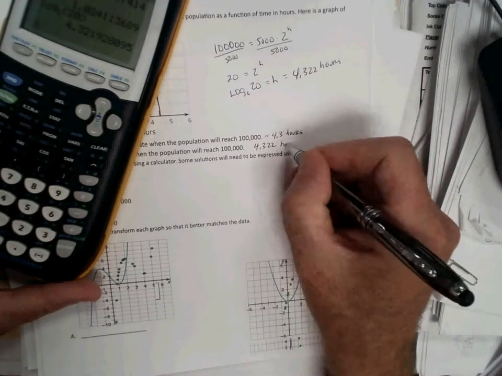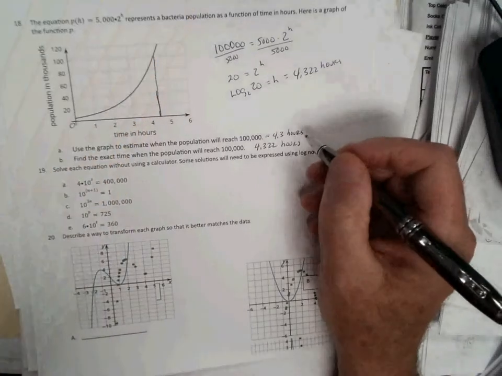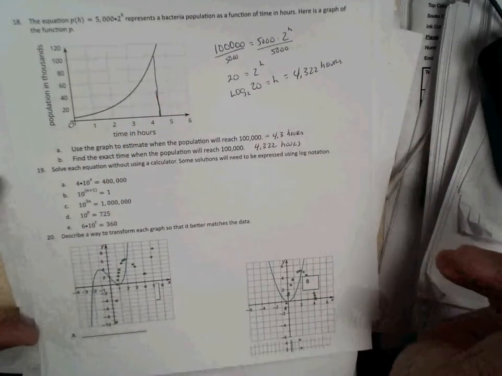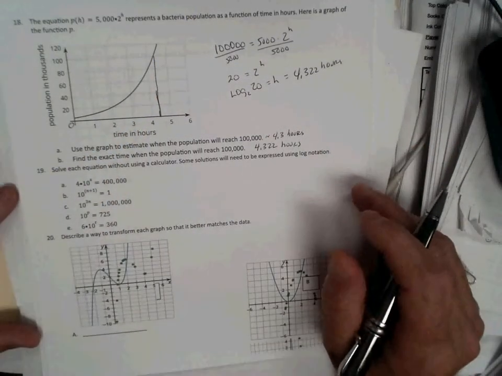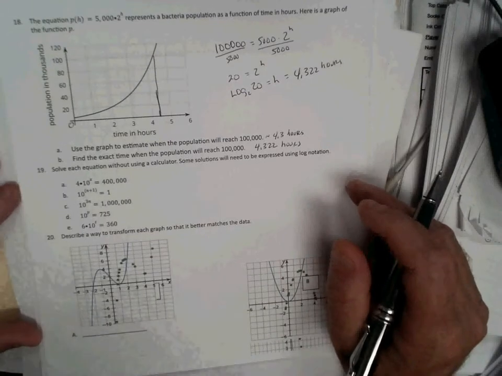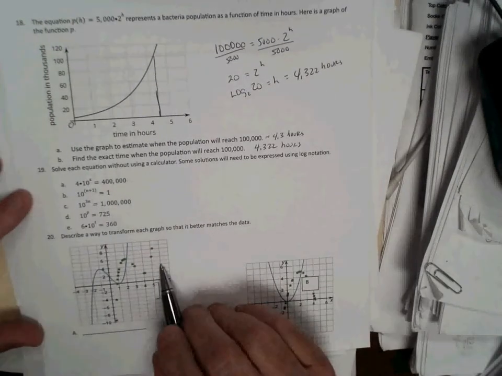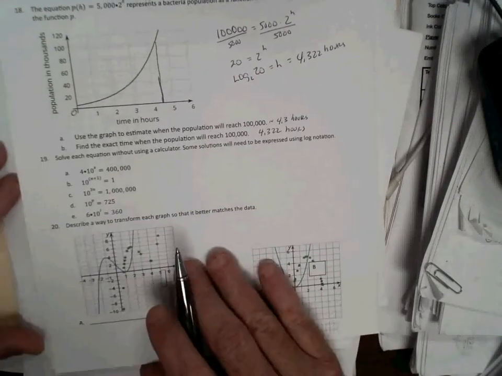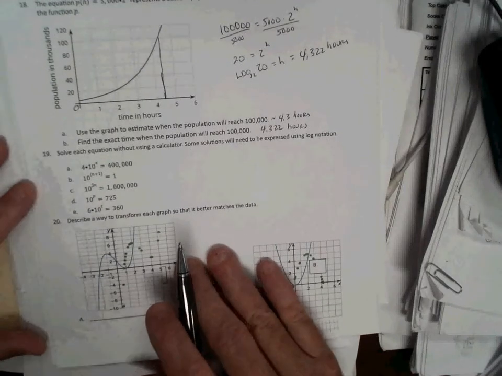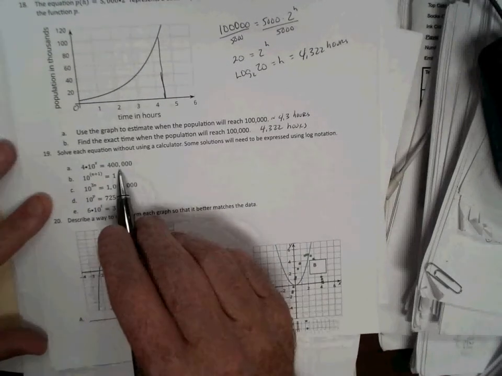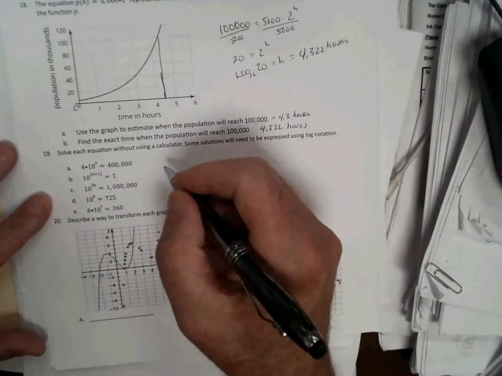So we had a pretty good estimate from the graph. 19 is going to be our last one because we have not done the transformations, and I'm going to drop those from your semester test. I'll teach you those in college algebra though. So we're going to solve these equations real quick on this last video.